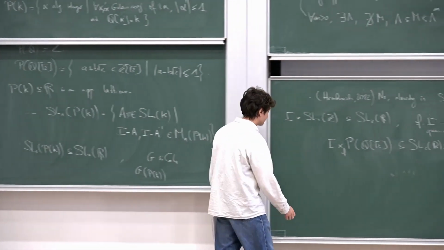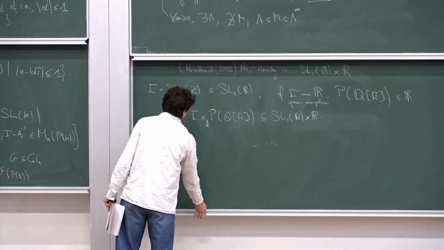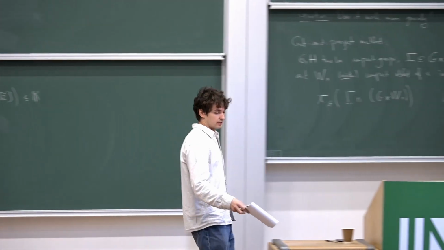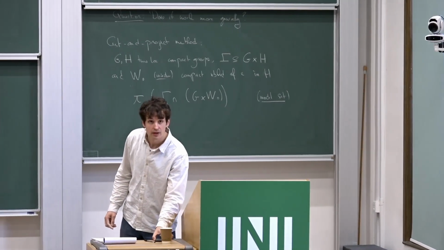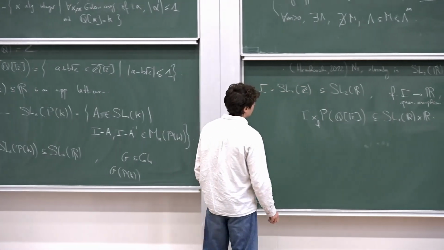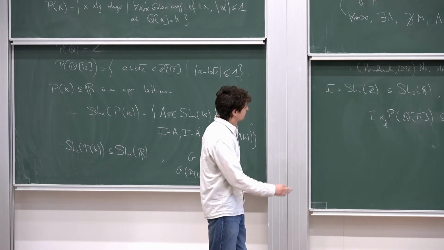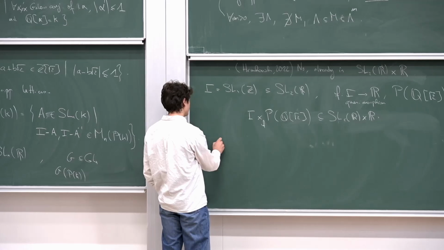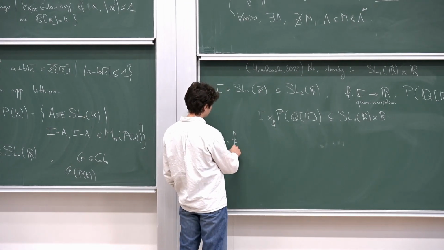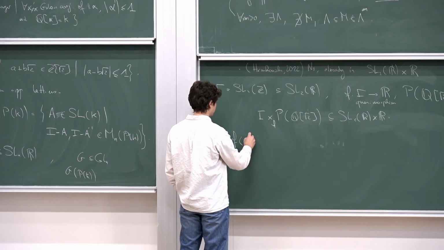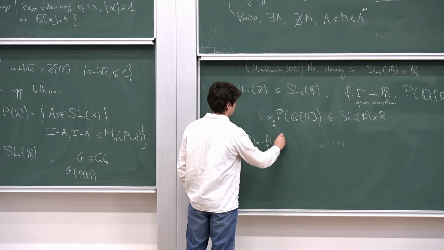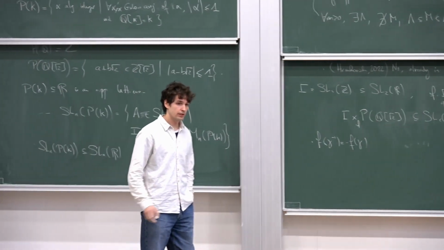How do I do that? I need to prep things a little. I will add an assumption on F. The assumption is that F of gamma inverse is equal to minus F of gamma. Okay, symmetry assumption.